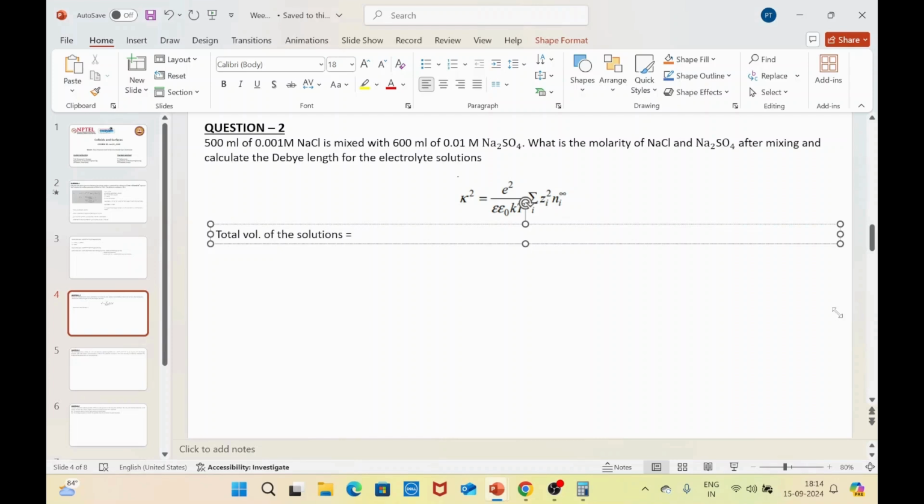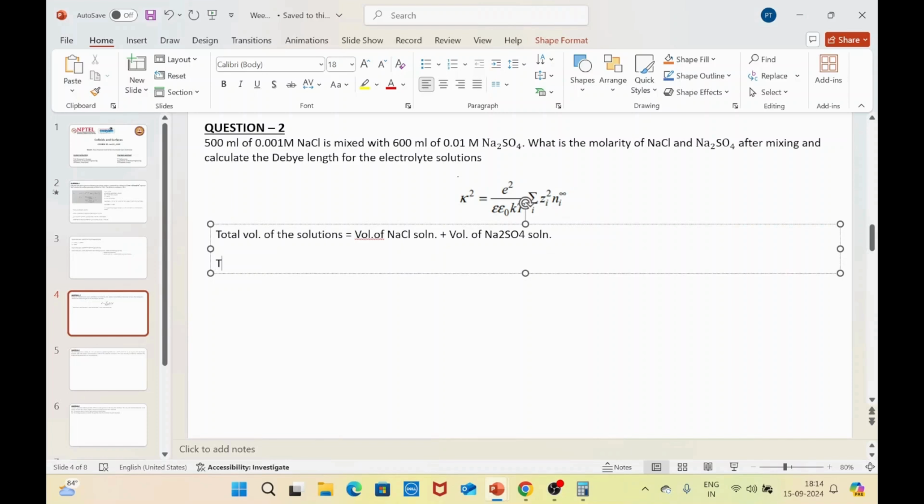So the total volume of the solution is equal to the volume of NaCl solution plus the volume of Na2SO4 solution. It's just a sum of both.